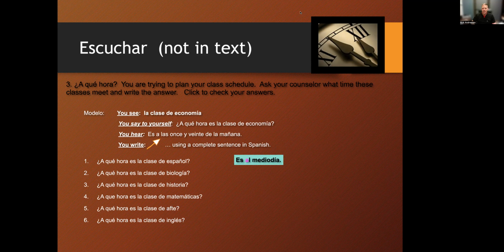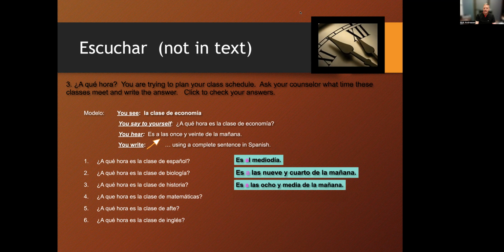Okay, first one he said was es al mediodía. It's at noon. Second one, es a las 9:15 de la mañana. 9:15 in the morning. Número 3, he said es a las 8:30 de la mañana. 8:30 a.m. Número 4, es a las 4:15 de la tarde.